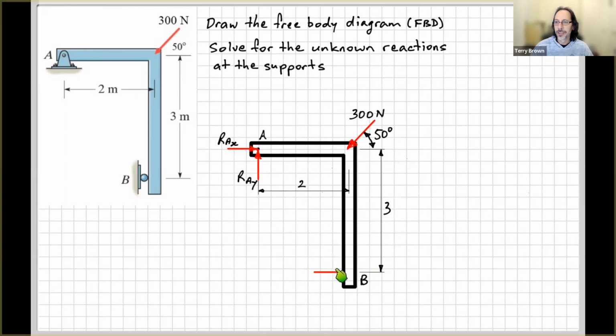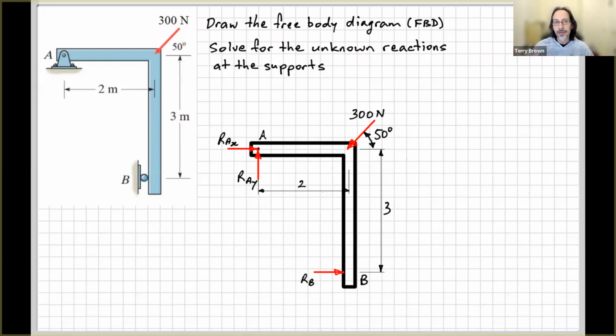So hopefully you can see that that force there will need to be acting to the right. We can put that in, and we can also give it a name that we can make use of when we write our equations of equilibrium. Acting at point B here, let's call it reaction B. All right, so that's our free body diagram.